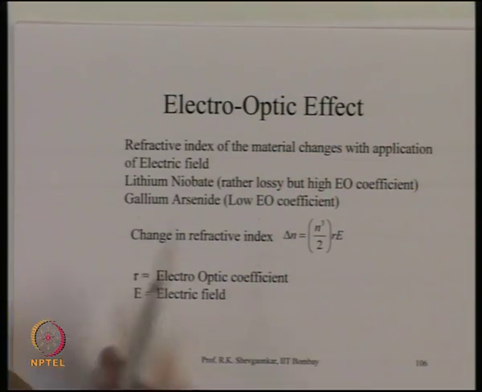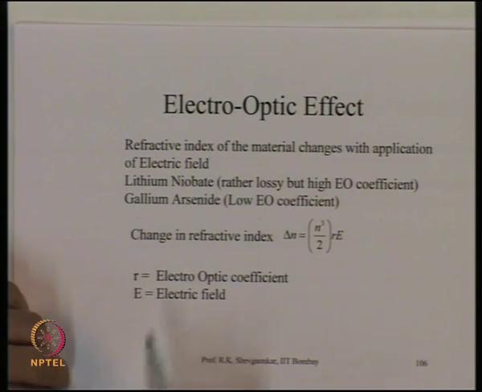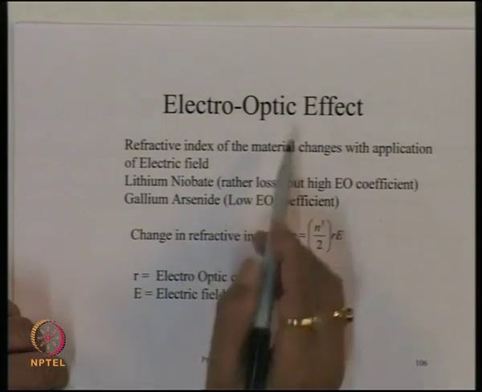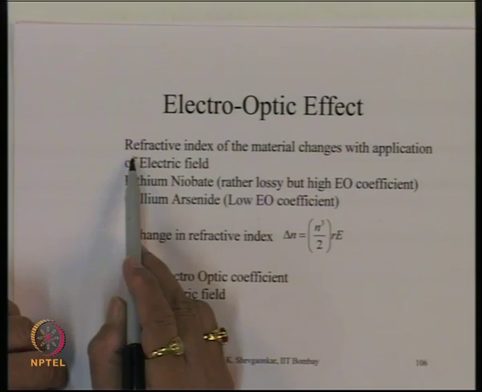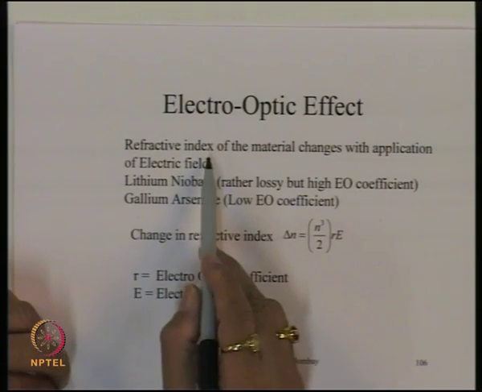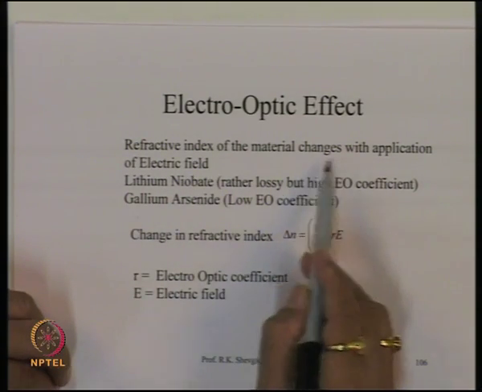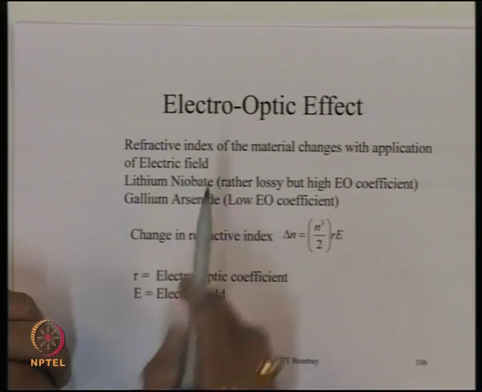Here we predominantly make use of electro-optic materials, and the effect that the dielectric constant of the material changes by application of the electric field is called the electro-optic effect. This means that the refractive index or the dielectric constant of the material changes with application of the electric field.